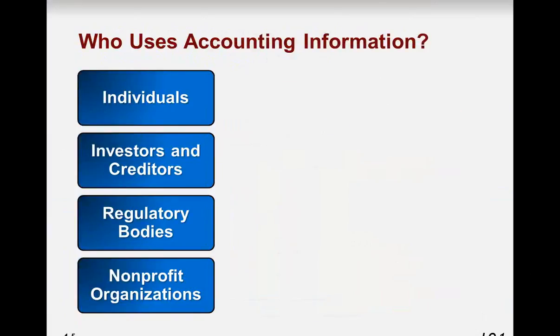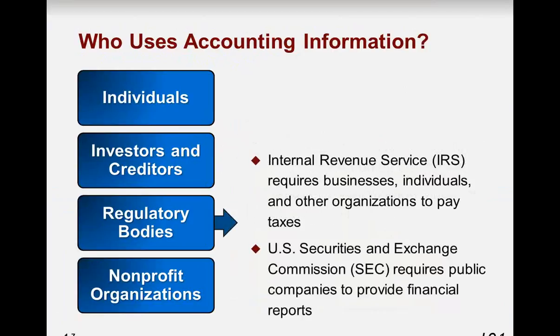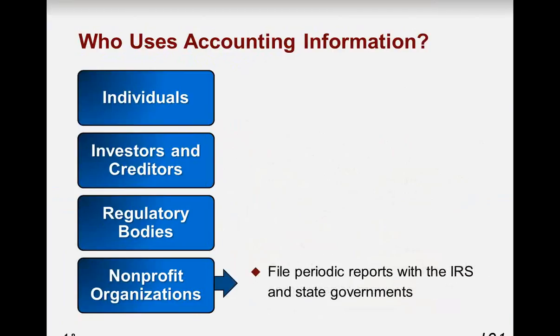Different sectors of people use accounting information. Individuals, investors and creditors are interested in that. The Securities and Exchange Commission, the Internal Revenue Service, all these folks want to know how our money is being handled. And then nonprofits also have to report financial information because they use grants. The state government may issue those grants, not necessarily the IRS.